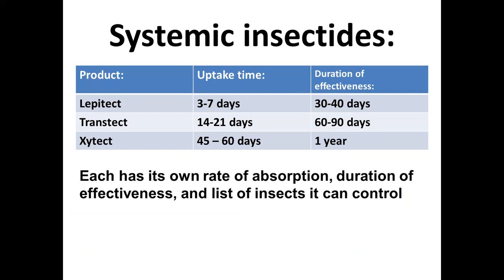And within our whole toolbox of stuff at our disposal, there are systemic insecticides, three products that you'll see on your work orders that you're applying. They each have their own rate of absorption, duration of effectiveness in treating pests, and a list of insects that they can control. Like Lepitect is a product that absorbs really quickly into the tree, and then you get about 30 to 40 days, part of the growing season, of effectiveness.